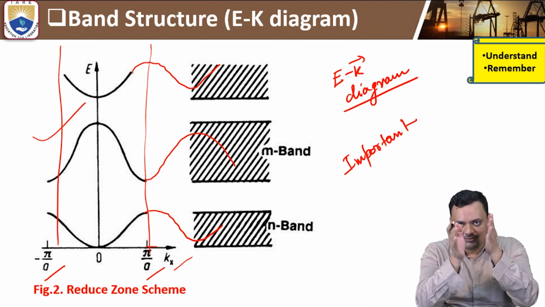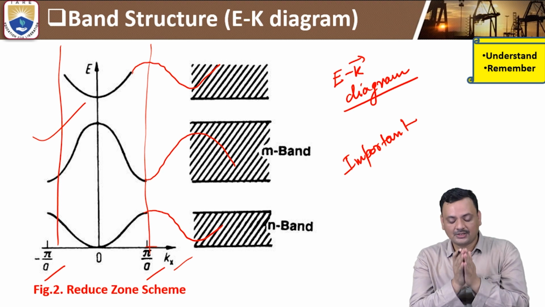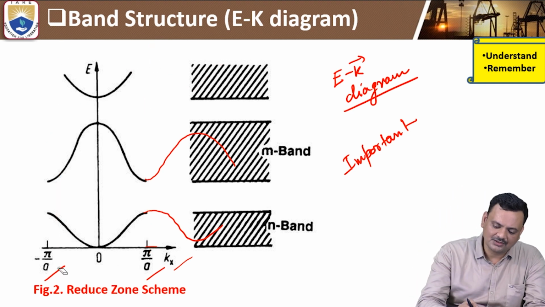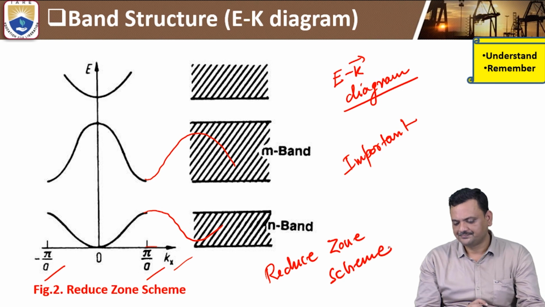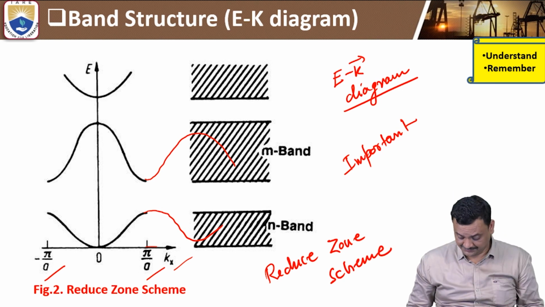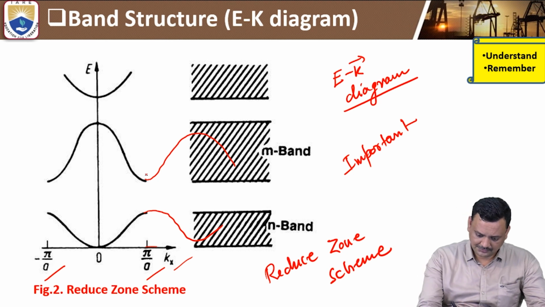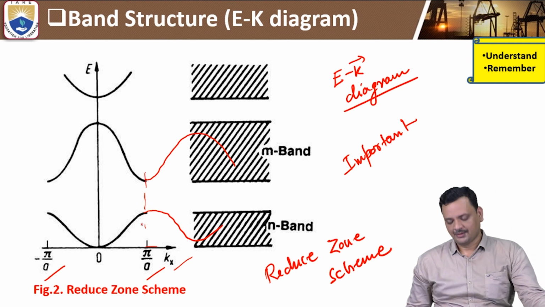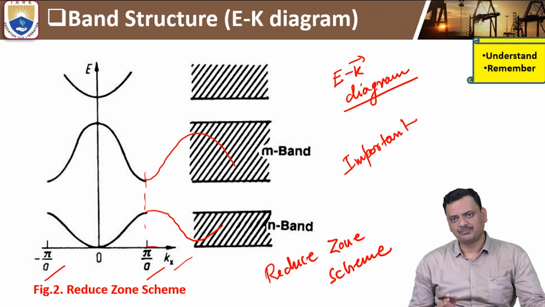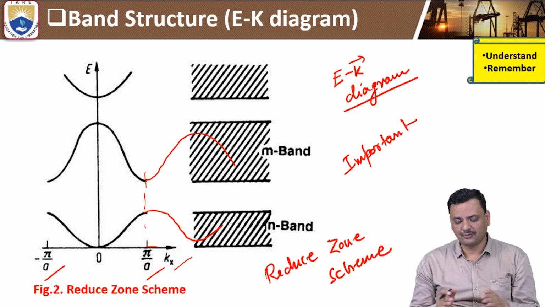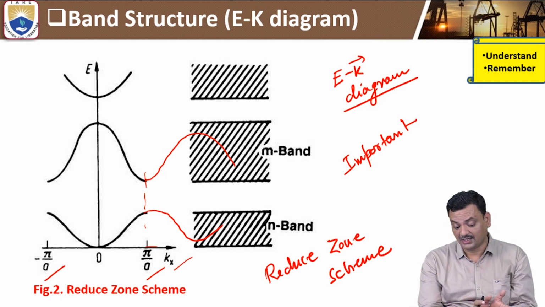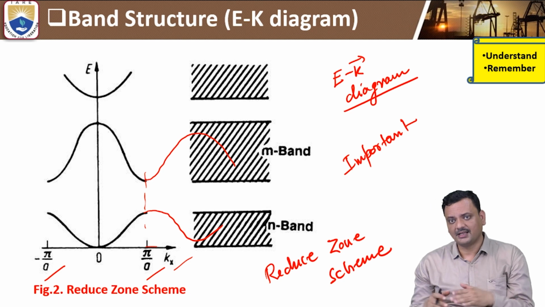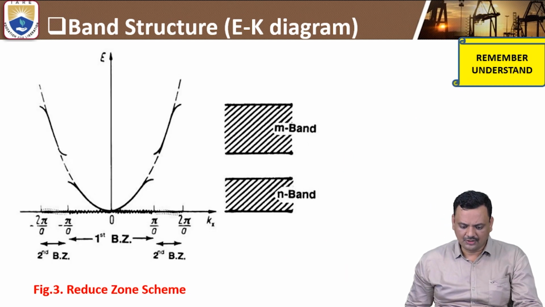You have to focus on only this region. Okay, so this type of plot is known as a reduced zone scheme. Reduced zone scheme means when you plot the available energy eigenstates only in the region minus pi by a to pi by a, then that type of plot is known as a reduced zone scheme.